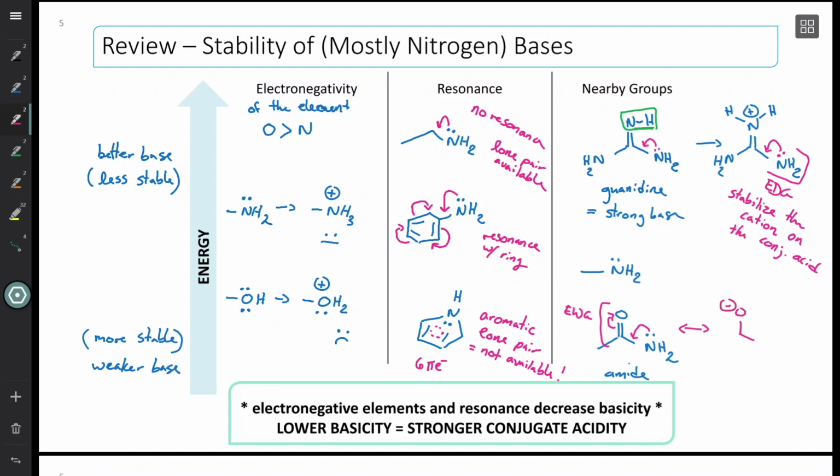We've seen plenty of that, right? So this lone pair is really not available because it's in resonance with the carbonyl, right? The electron withdrawing group is taking up a lot of that lone pair. So lone pair not as available to be a base. Okay, so amides are actually really weak bases.